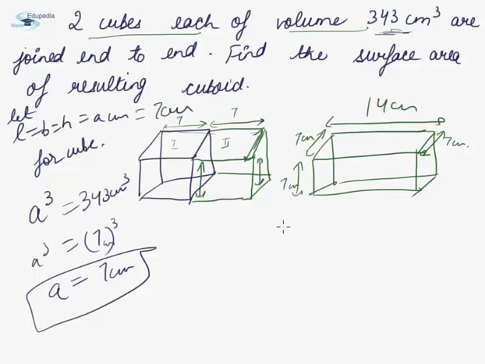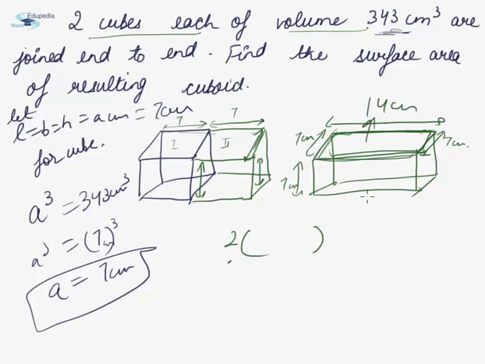So we are asked about the surface area of this figure. Now the surface area, that is the area of all the faces, will be 2 into this first face. Now the area of this face, why have we taken 2?